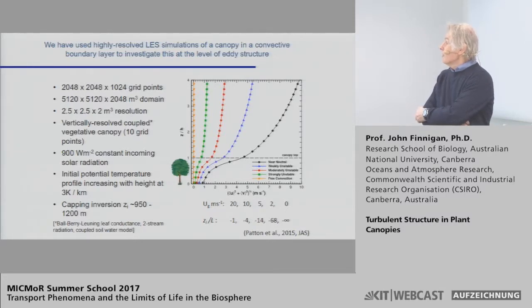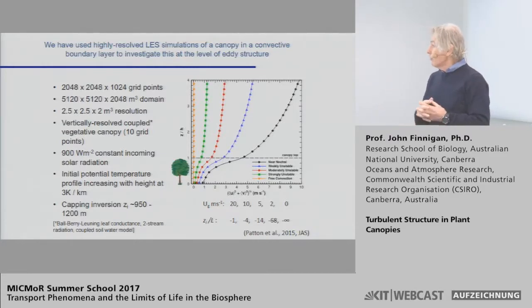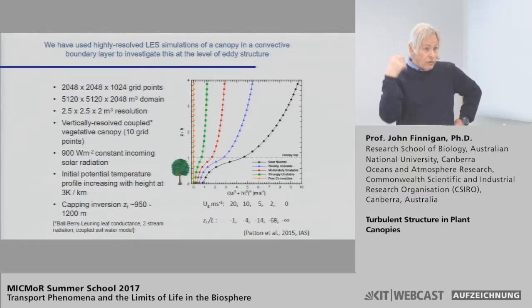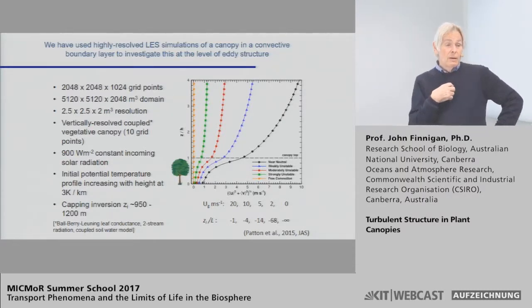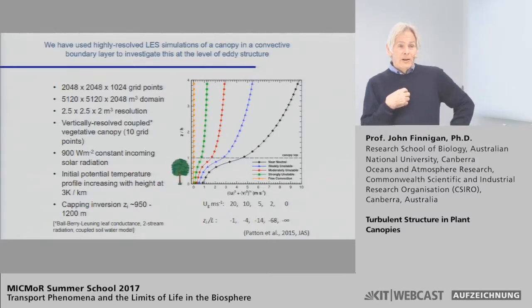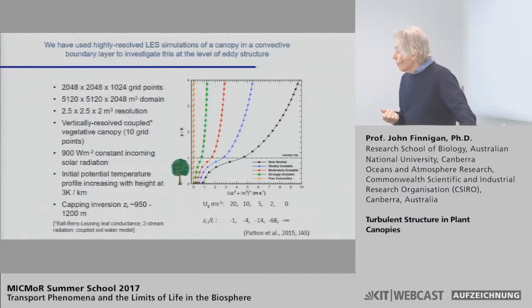The simulations have 900 watts per square meter constant incoming solar radiation, and then the canopy energy balance sorts out what goes back out as sensible and latent heat, and energy balance closure is observed. We start with an initial potential temperature profile increasing at 3 K per kilometer.